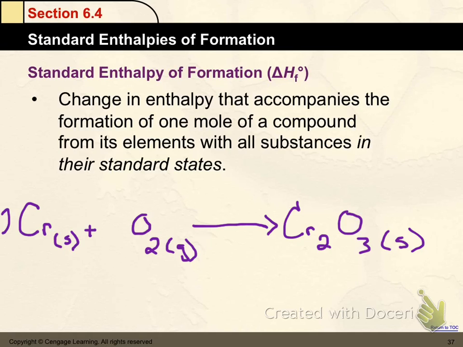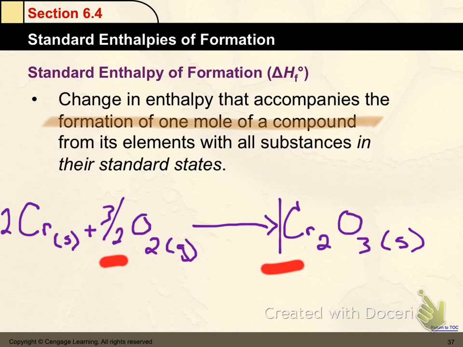So if we balance this out, we'll have a 2 here and a 3/2 here. And notice the way I balance. I want to keep the chromium oxide on the right side to simply having 1 mole. Okay, I just want 1 mole there. And the reason is the standard enthalpy of formation is defined as formation of 1 mole of a compound.